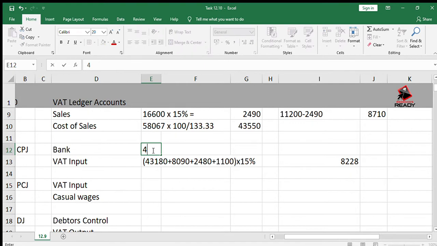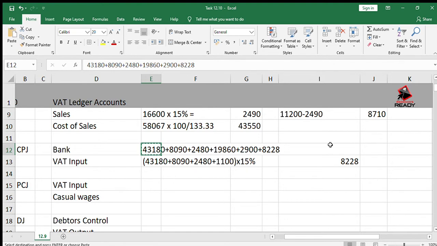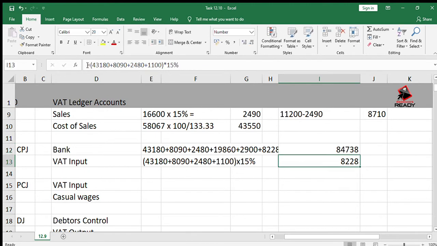Now the bank figure will be all the amounts that we've paid out, including the VAT. So for bank, we're going to say 43,180 the trading stock, plus 8,090 the equipment, plus 2,480 the stationery, plus 19,860 the creditors, plus 2,900, and plus the VAT we just calculated, 8,228. So we'll take all of that and work out the answer. We get 84,378.